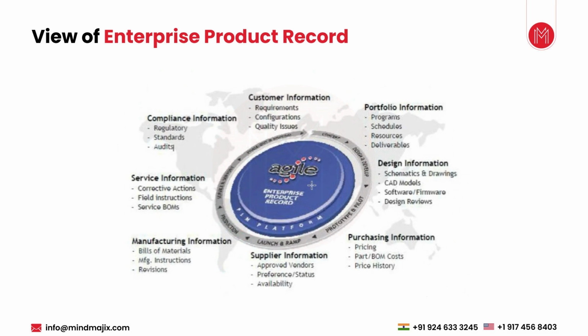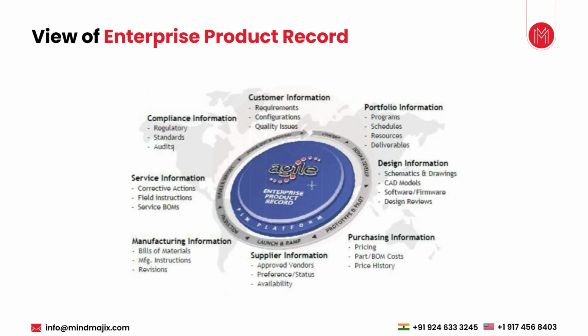Then supplier information: the approved vendor preference or status and their availability. Then manufacturing information, basically the bill of material, which is the most important thing. Then manufacturing instructions and revisions, all those things we maintain under manufacturing information.